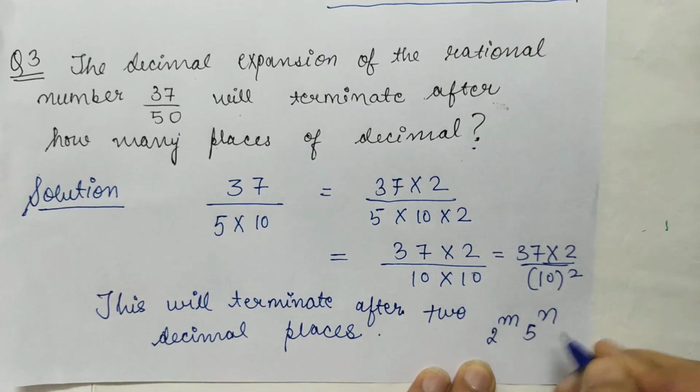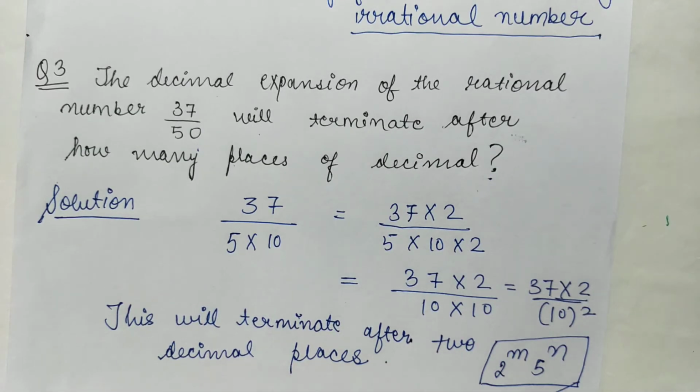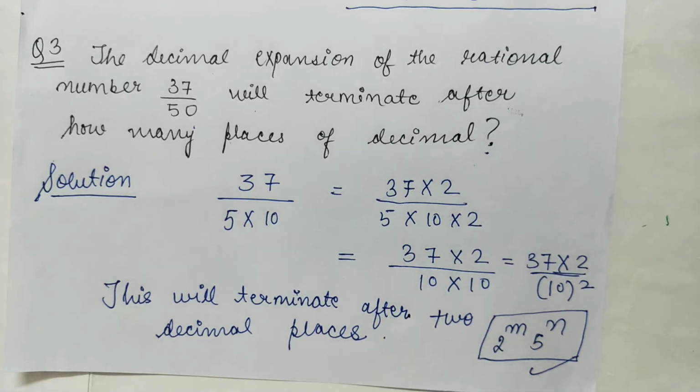In this way you can calculate whether the decimal expansion of this fraction will terminate or recur, whether it will be a rational number or an irrational number. You can find it by this method.